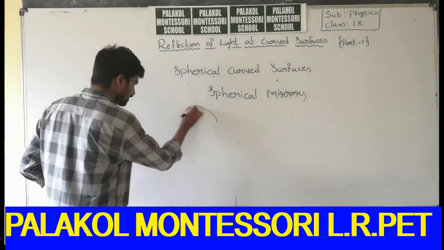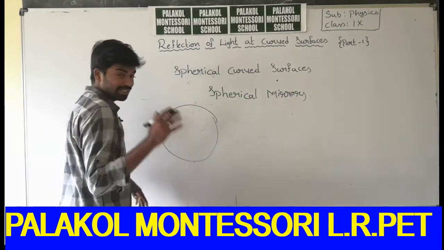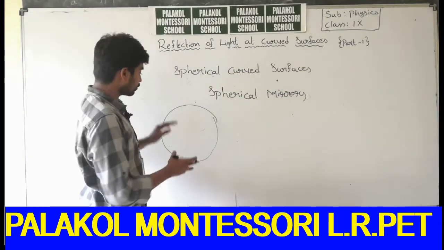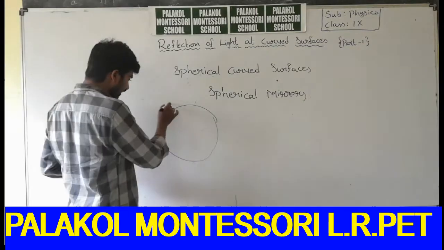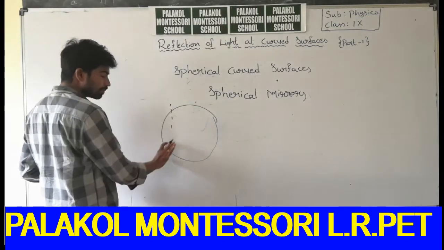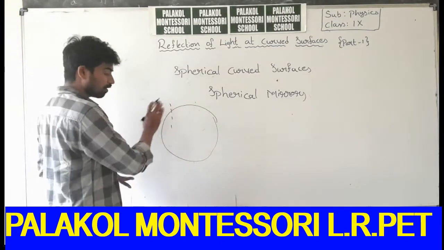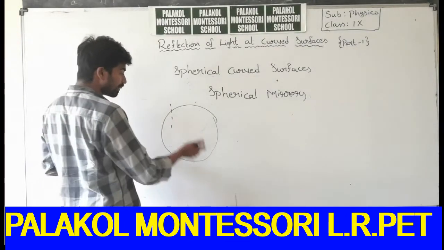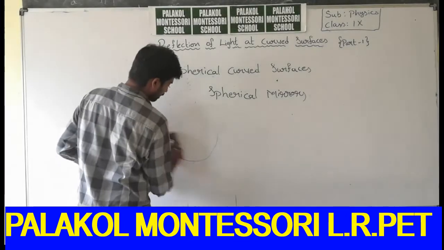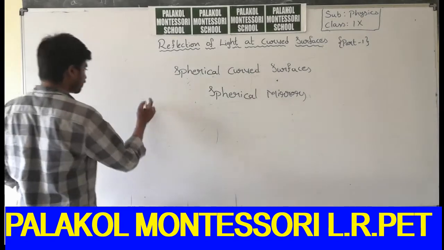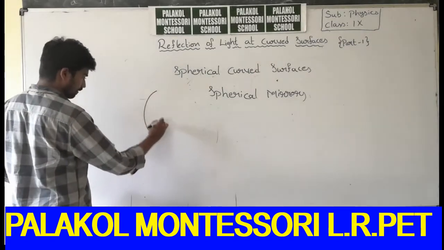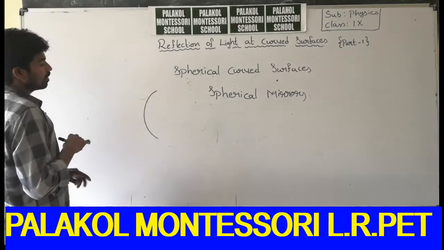If you think this is a sphere, a 3-dimensional object, you have to view it as 3-dimensional. So if I cut like this, you get a curved surface, called a spherical surface.